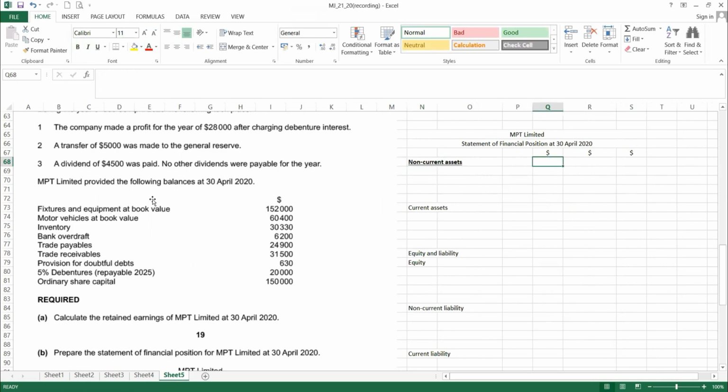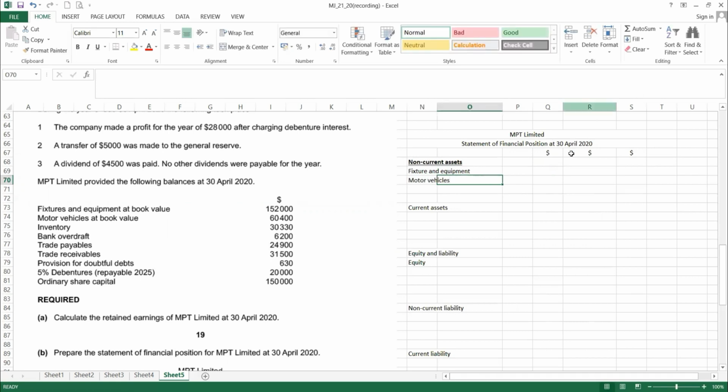Since they've given us the book value only, in this case, actually, we don't really need 3 columns. Furniture and equipment, because they don't have the provision, so basically not really need 3 columns. Furniture and equipment, motor vehicle.